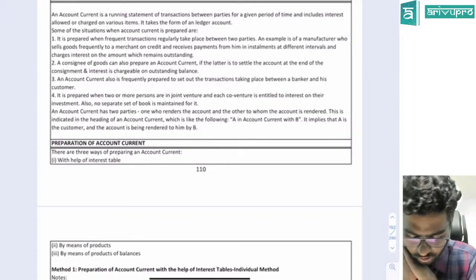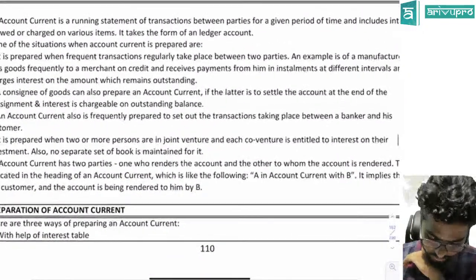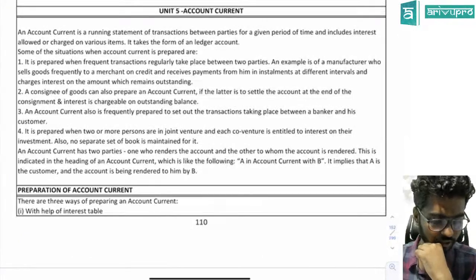Right, guys, let's do the last topic of your chapter called account current. Now, what is this account current all about?